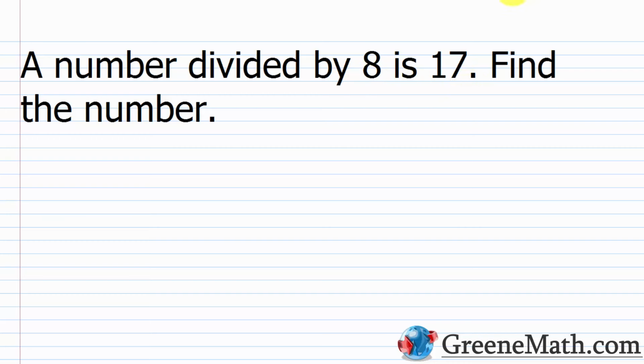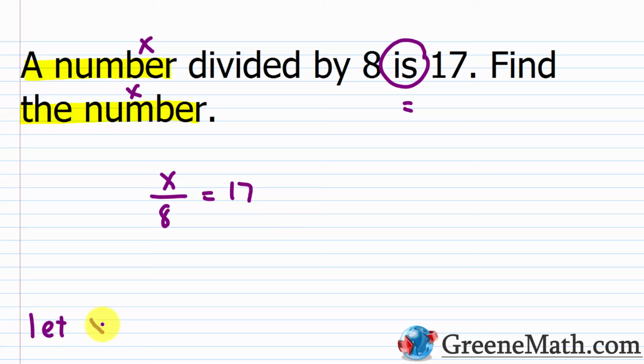Find the number. So again, for a number or for the number, I'm just going to put my variable x. So x divided by 8 is, again, this means equals. So we have equals, and then we have 17. Again, find the number or find x. So let me write down here that we're going to let x be equal to our unknown number.